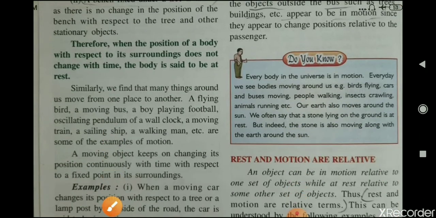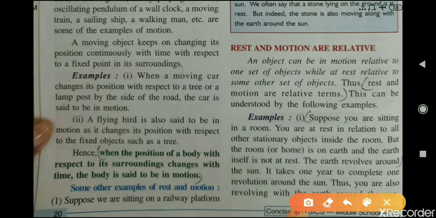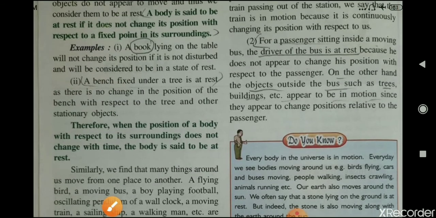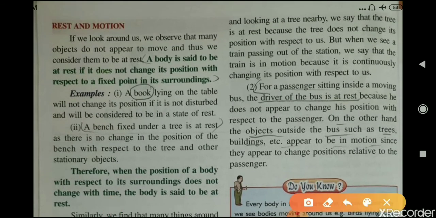If a train is passing, then the position of the train is continuously changing with respect to us.